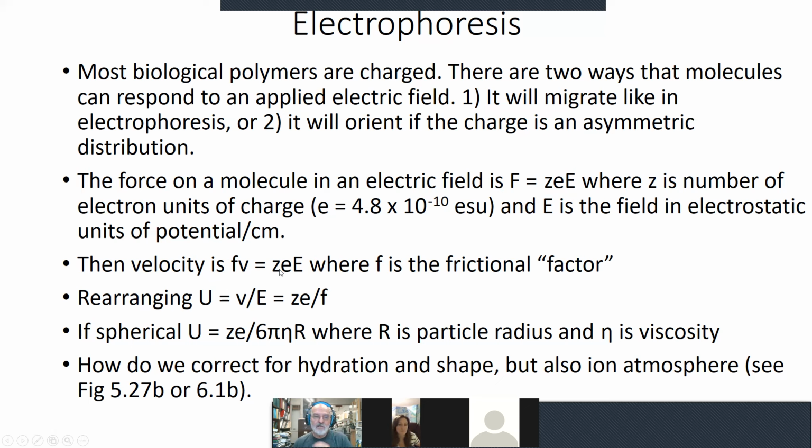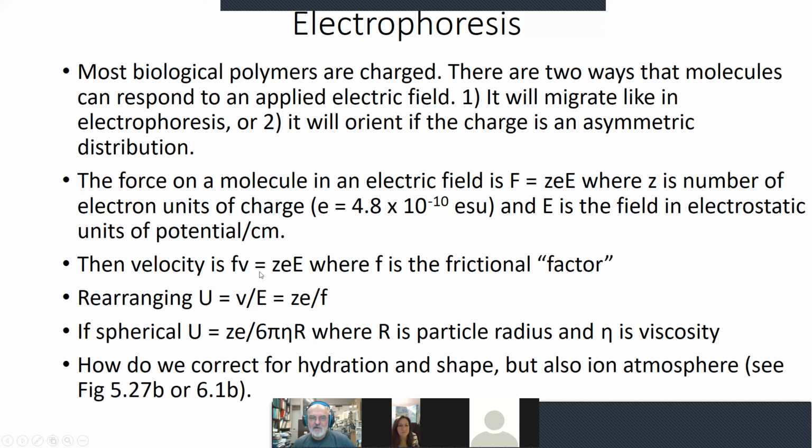And then we rearrange this equation, and this is something we'll do the next time we talk about this with centrifuge forces, so that it's velocity per unit field. So you take E to the left, and you get v over big E, and f to the right, and you get Ze over f, okay?